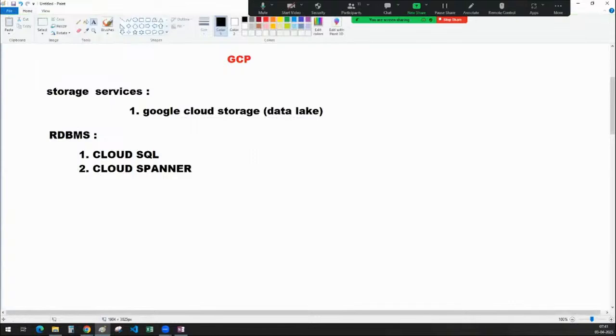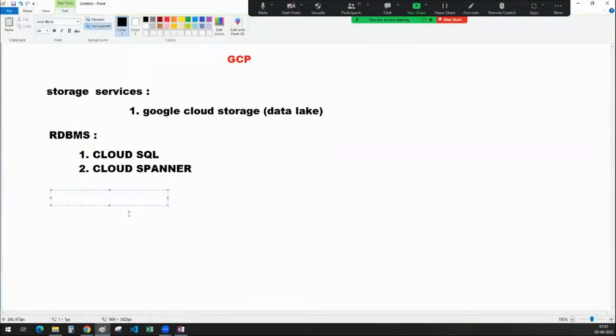What about NoSQL databases, guys? In NoSQL databases, we have Big Table, and we have one more thing called Datastore.